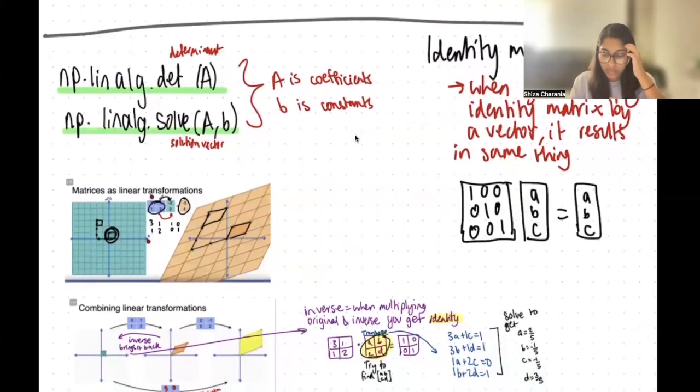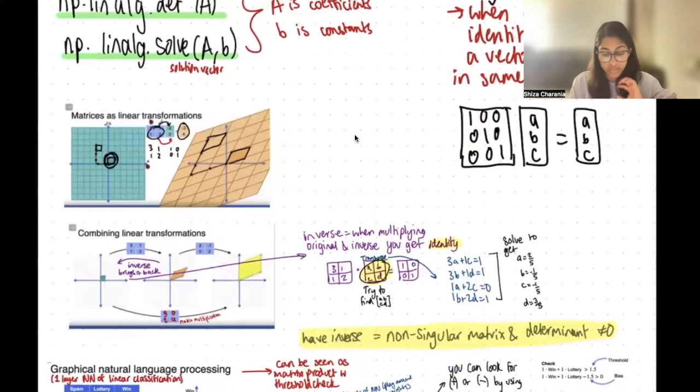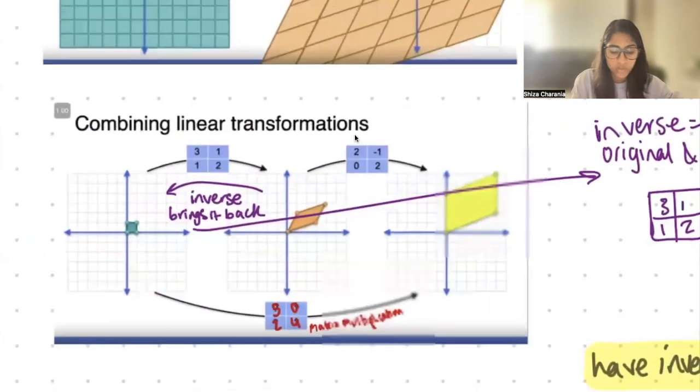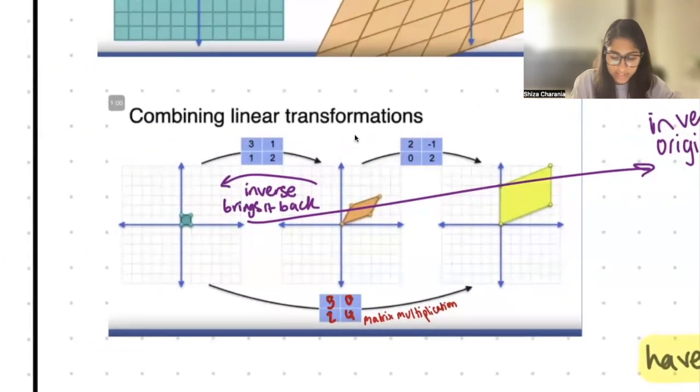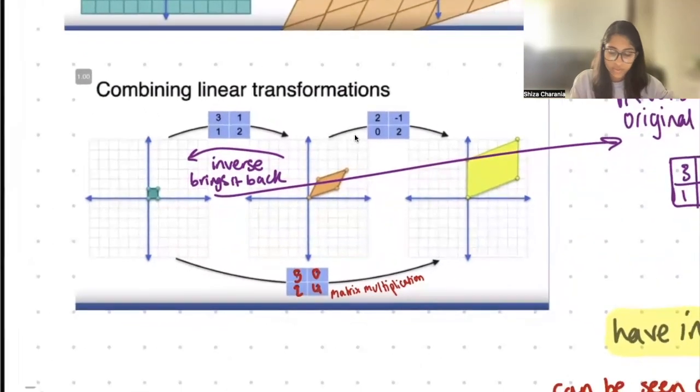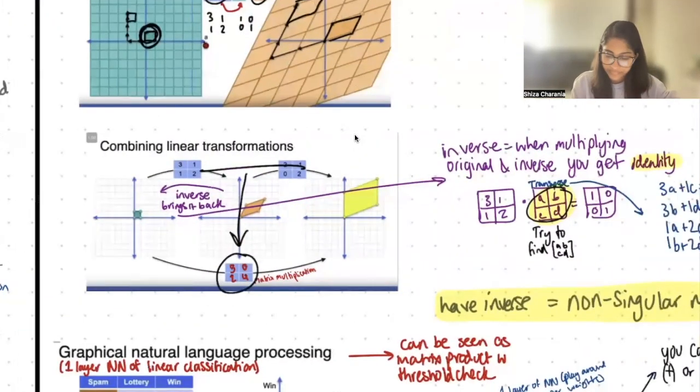Another thing to notice, and I'll talk about identity matrices after, is you can also combine linear transformations. So you can take this, apply a matrix, bring it here, apply another matrix, bring it here. You can also inverse it and bring it back, and that's what I meant by the inverse and transpose thing before. Or you could just do matrix multiplication of these two and then transform it that way.